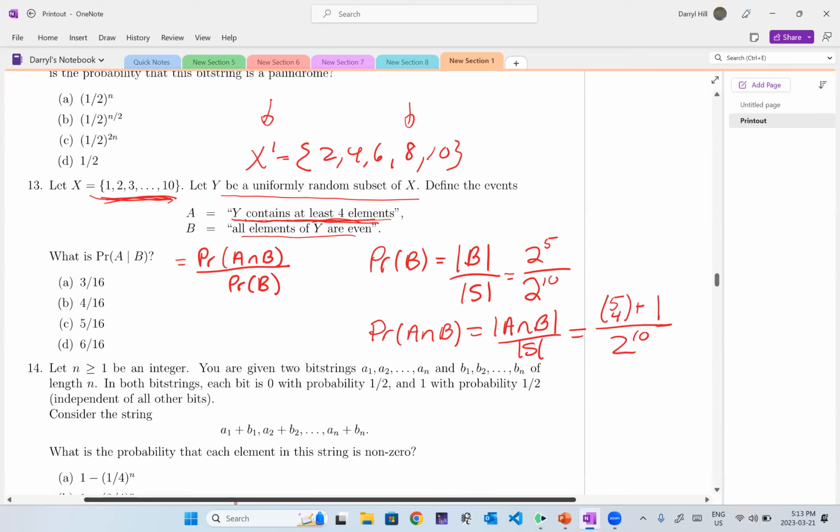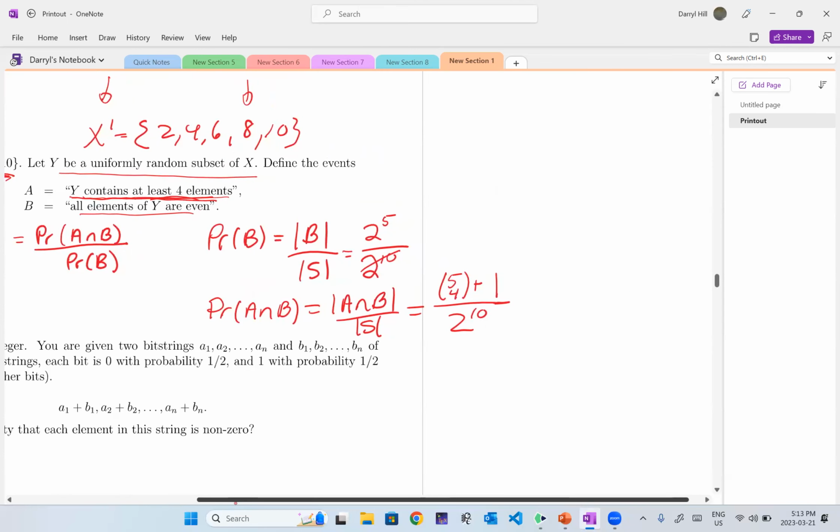Okay, so we can get rid of these big numbers. Let me write that out explicitly. Probability of A intersect B equals 5 choose 4 plus 1 over 2 to the power 10.